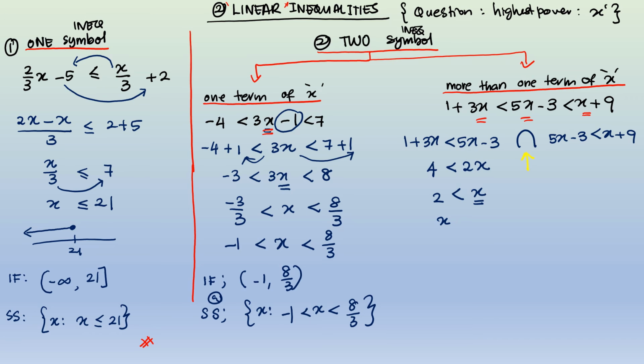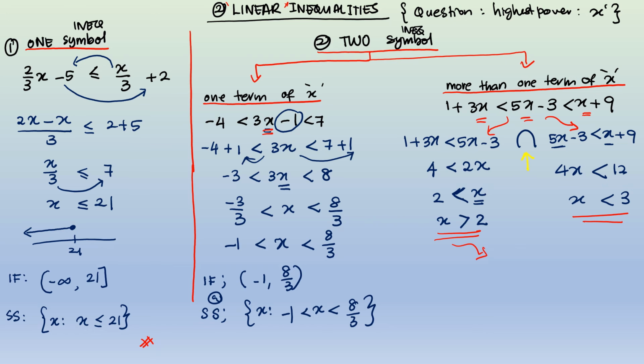So the symbol is greater, and we change the position, so it will be x less than 2. Let's look at this example. We change the position of x and arrange them. So we get 4x less than 12, so x less than 3. Here, because your answers came out separately, because you actually separated the question.